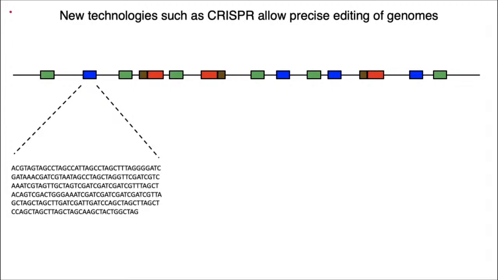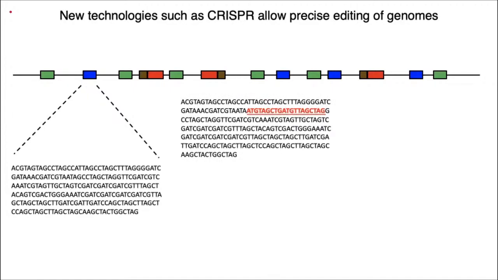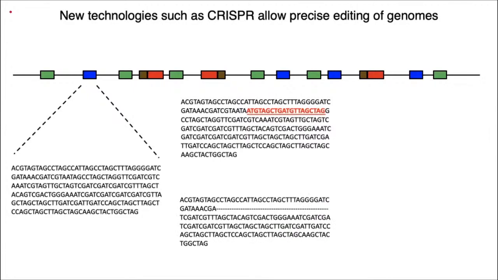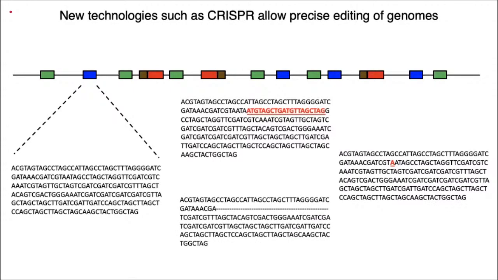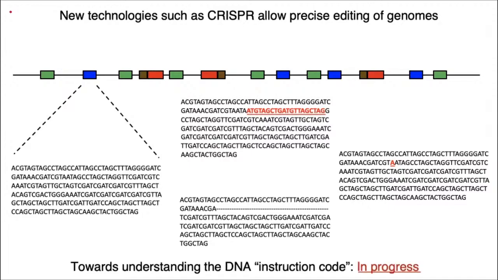So you can take a given sequence like this, and maybe you want to insert a chunk of DNA, or you want to delete a chunk of the DNA, or even make a very fine manipulation, like just changing one single letter. This is possible now with this type of technology. So we, as a community, biologists, are going towards understanding how this instruction code works, and it's mainly a work in progress now.